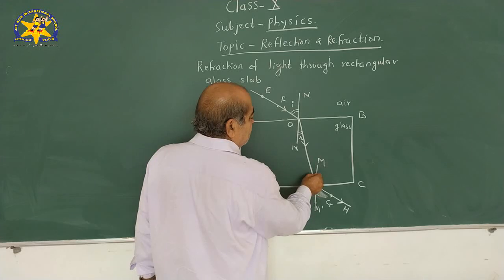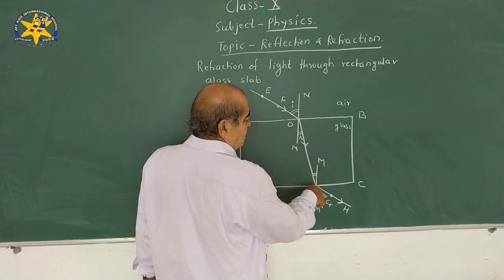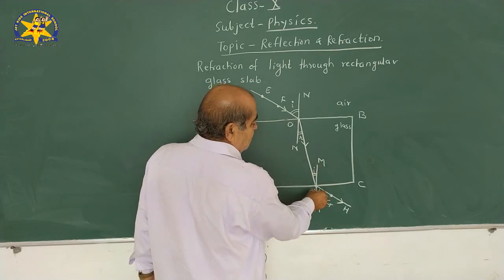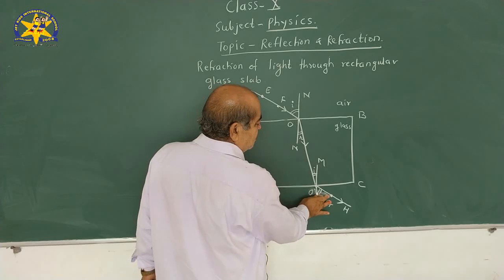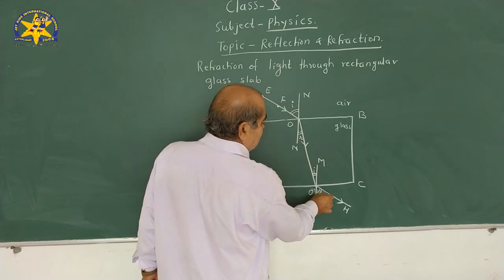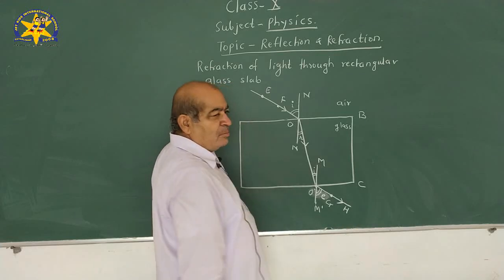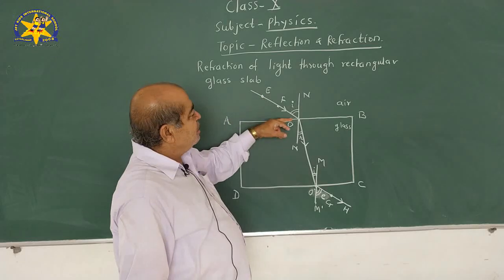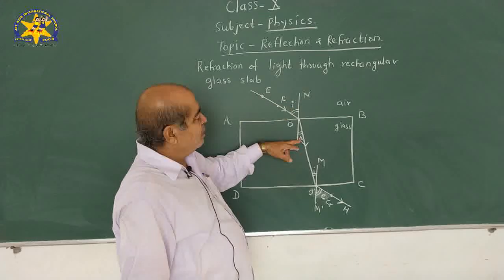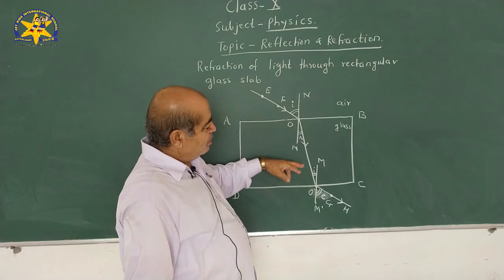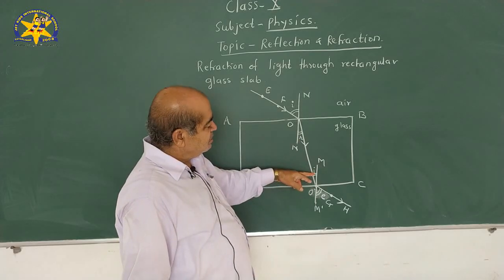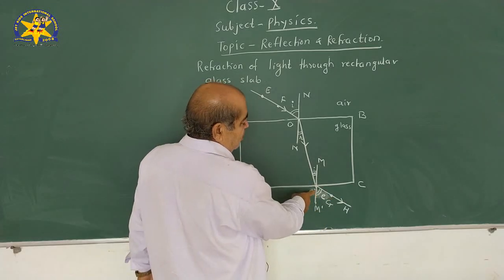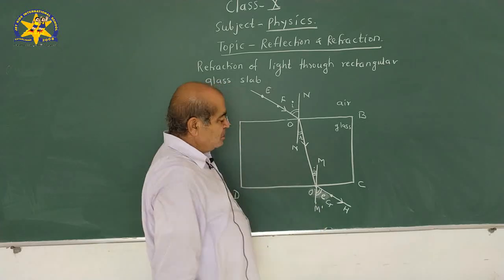Again, for this interface, the angle between the emergent ray and the normal is called the angle of emergence. Here this is the angle of incidence, the angle of refraction, and for the second interface there is the angle of incidence i1 and the angle of emergence e.